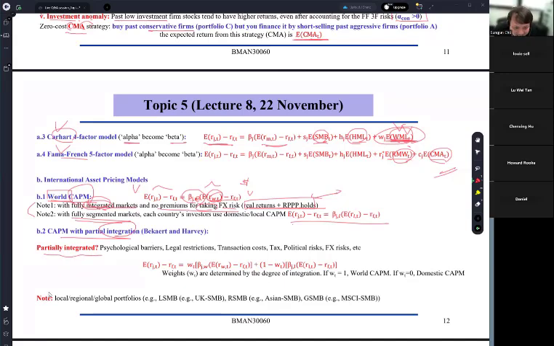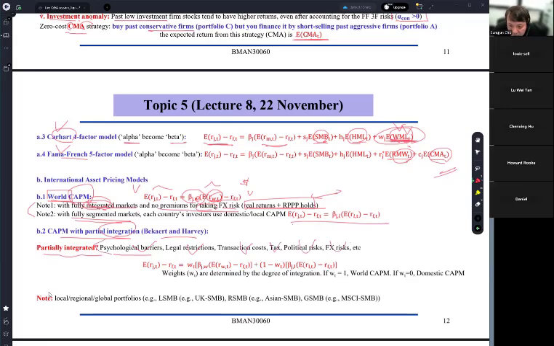In real practice, Bekaert and Harvey say it's more realistic to assume partial integration. Some investors are hesitant to invest into international markets because they are not familiar with foreign culture, foreign policy, whatever. So there could be psychological barriers and legal restrictions. We talk about this in the lecture: transaction cost, tax, political risk, FX risk.